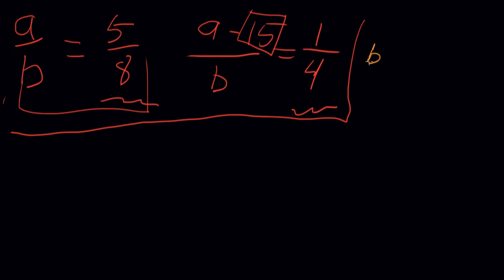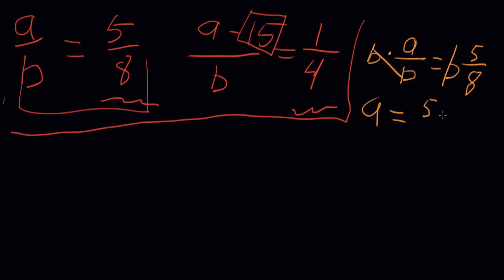And so if I take this first equation, because it's easy, and I solve for A, I'm going to do, to start, B times A over B equals B times 5/8. And these B's cancel, and I get A equals 5B over 8. And all I did there was, I just put it on the top, and I just changed the order they're written in.